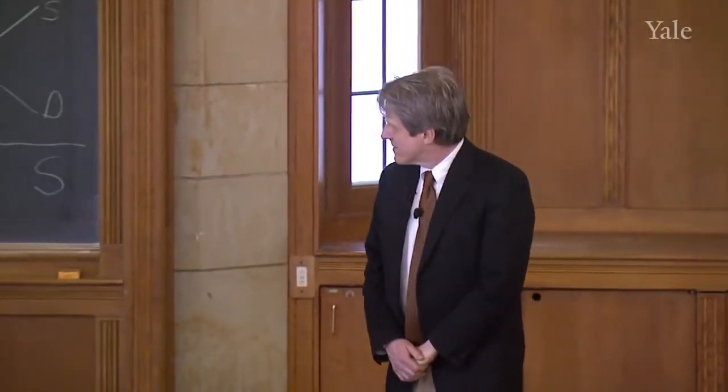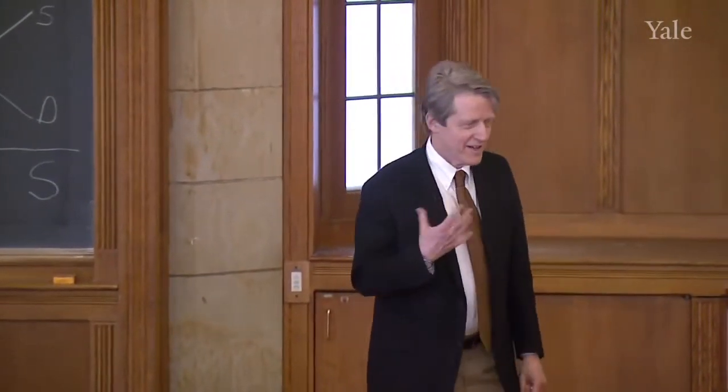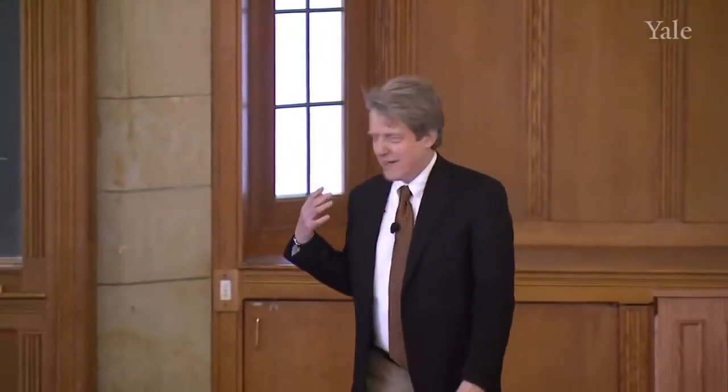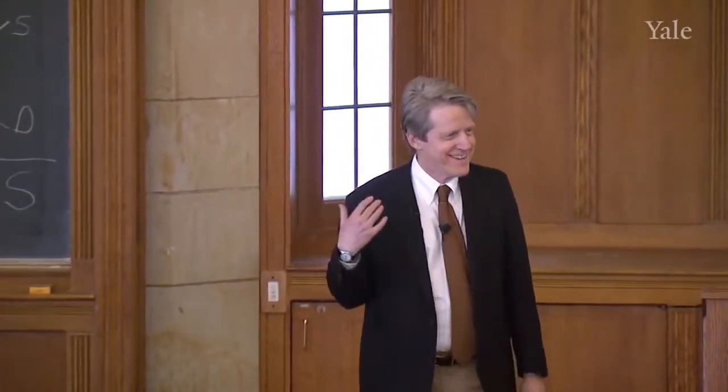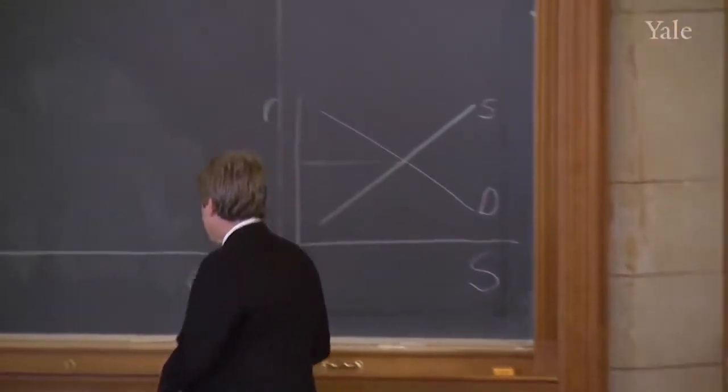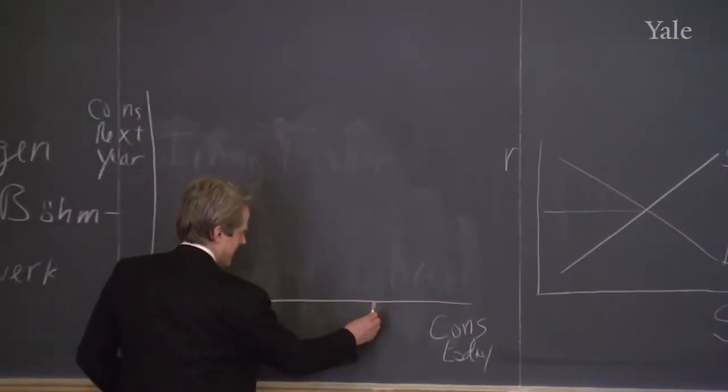But I'm not going to be true to the story. The story I'm going to tell is that Robinson Crusoe has some food. That's the whole economy; let's say it's grain. I don't know how he got that on the island, but he's got grain. And he's deciding how much to eat this year and how much to plant for next year. So the total amount of grain he has is right here.